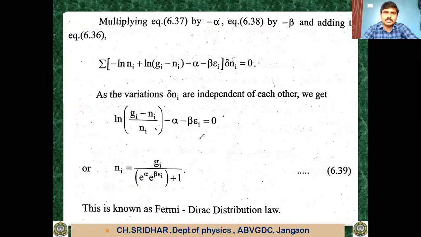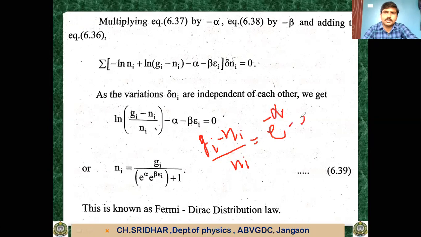So here this is Gi minus Ni divided by Ni is equal to e power minus alpha into e power minus beta Ei.